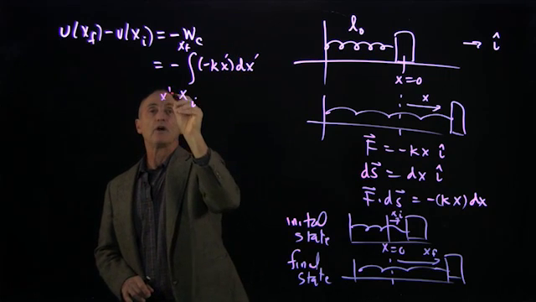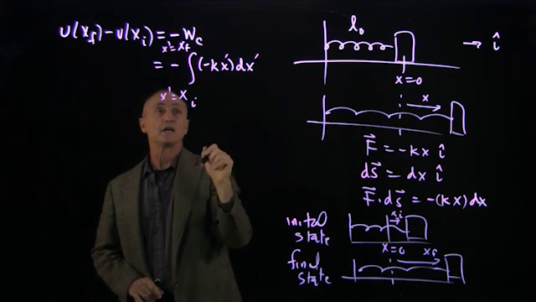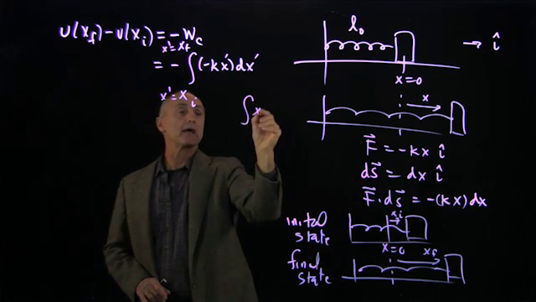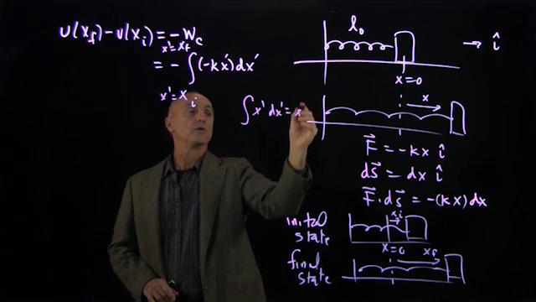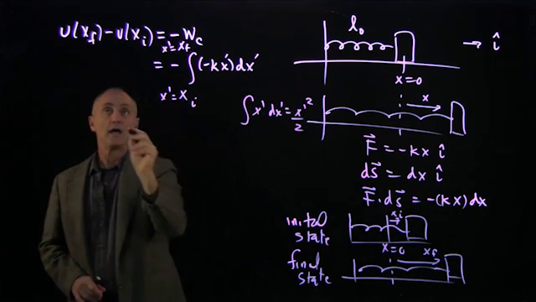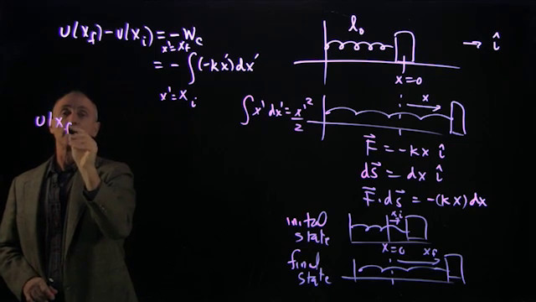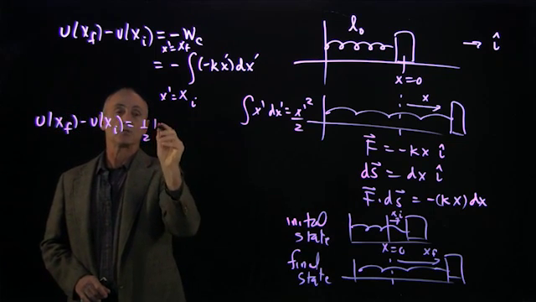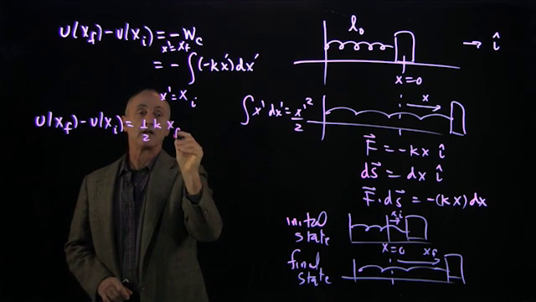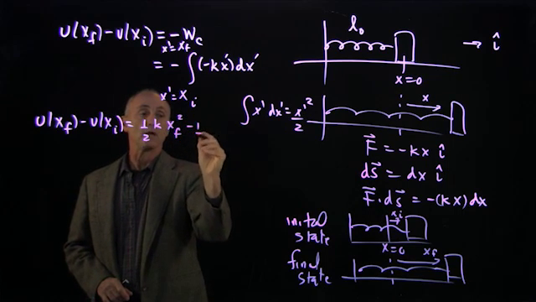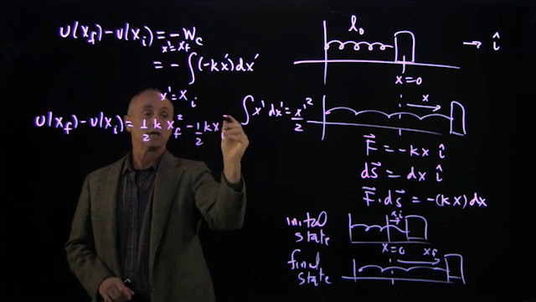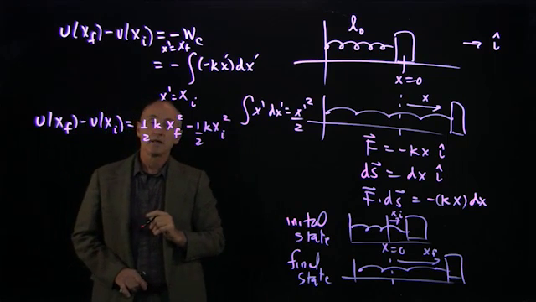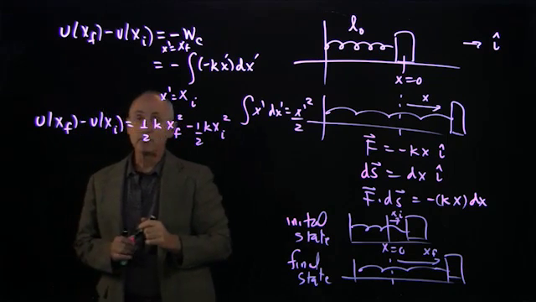That's our integration variable if you want to see it in all the detail. And when you simply integrate x prime dx prime, you get x prime squared over 2. And so the change in potential energy between these two states is one half k x final squared minus one half k x initial squared. And that's physically meaningful.